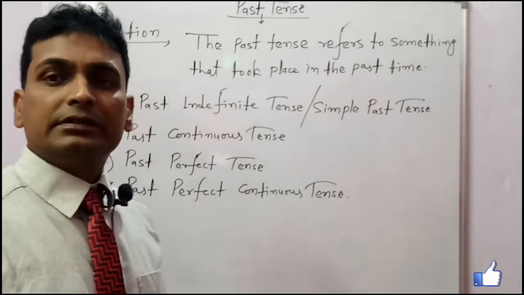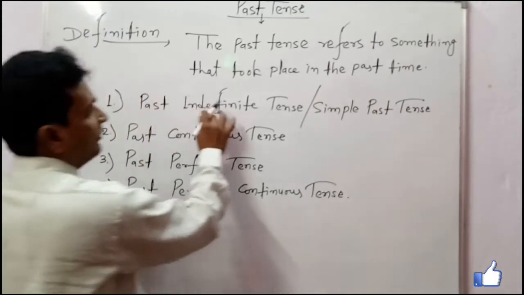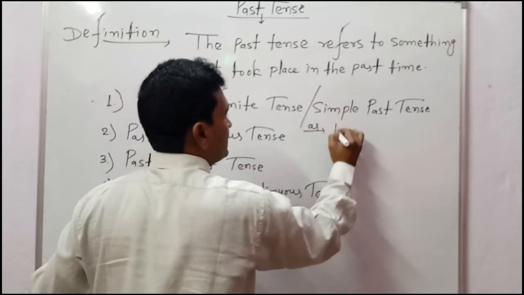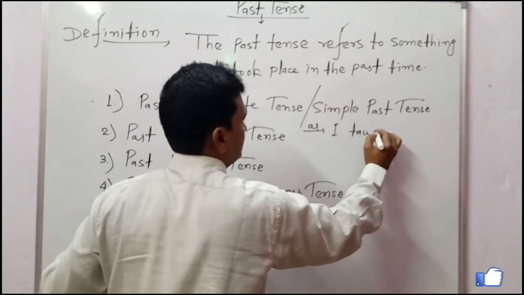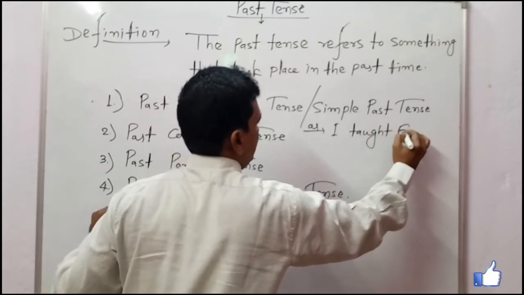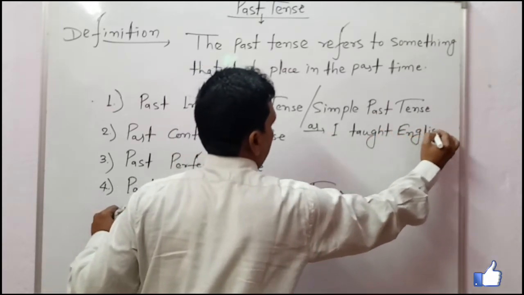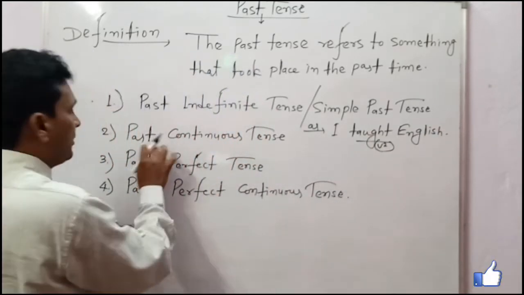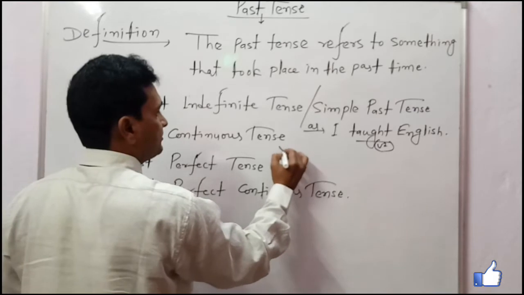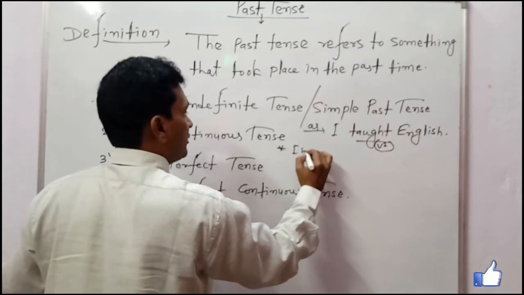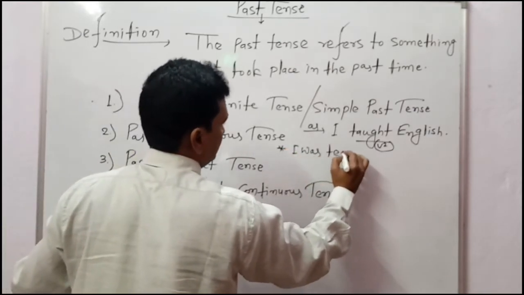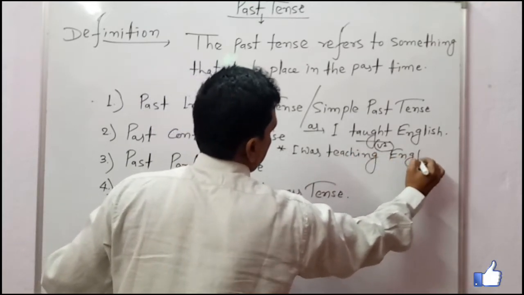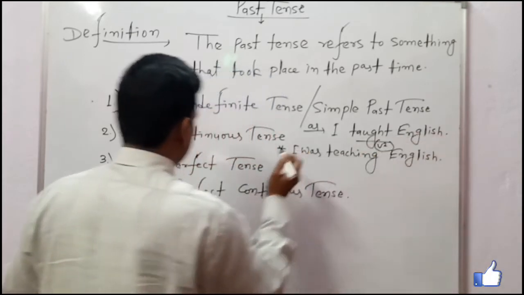Now let's see its examples, right? The first one is, here I am writing, I taught English, right? So taught is second form of the verb. Past continuous tense, it will become I was teaching English, right?